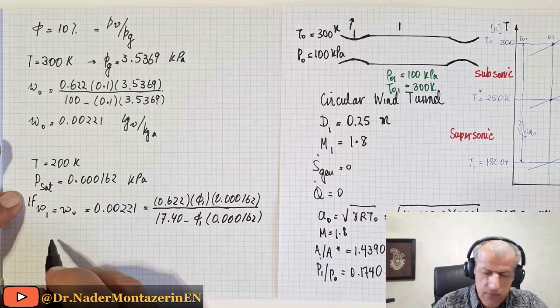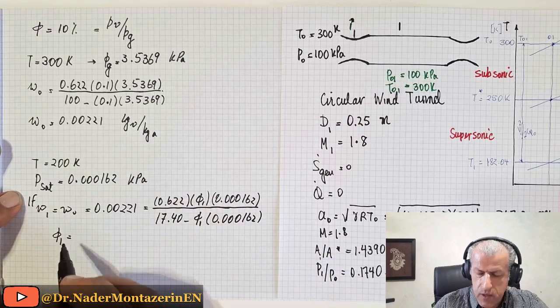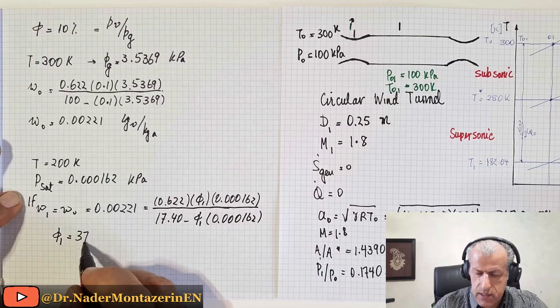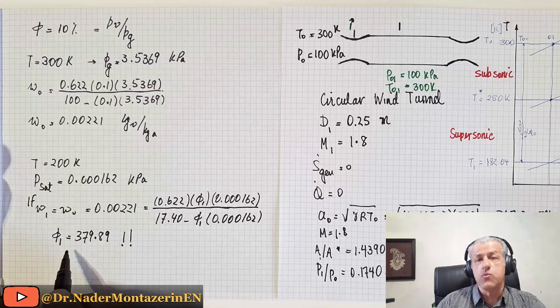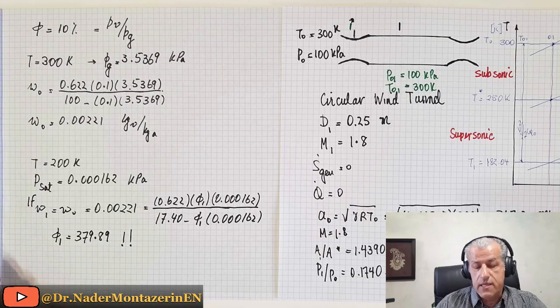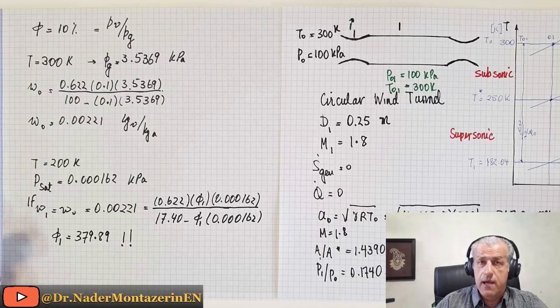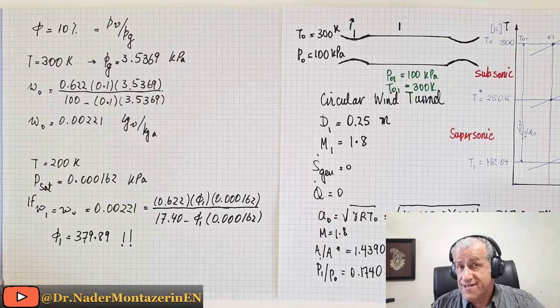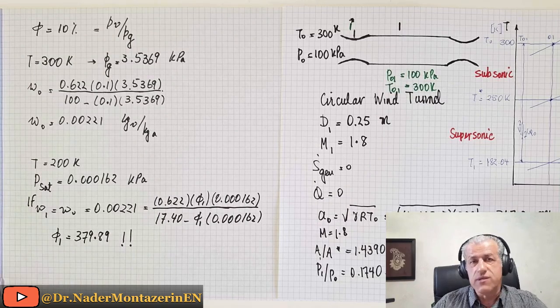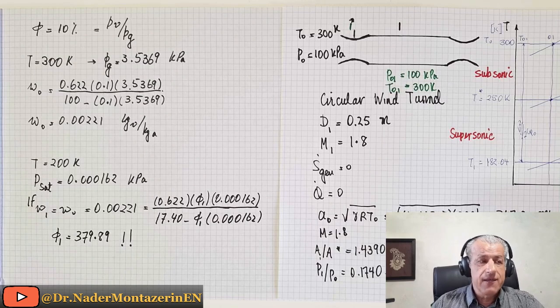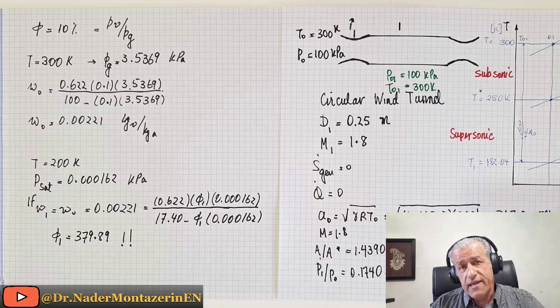And the outcome for φ1 would be 379.89. You see, if it was 1, that means that it is saturated air. If it is 379, it means that there is loads of water in it. And that is really the case.